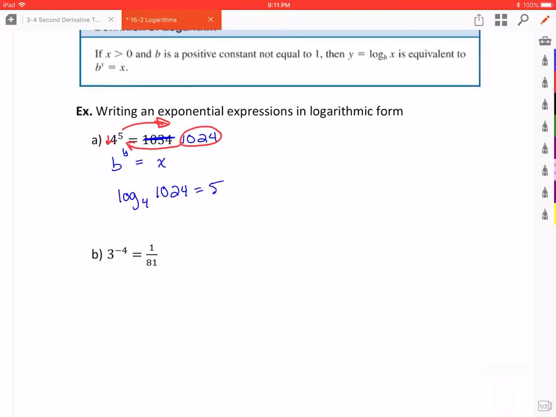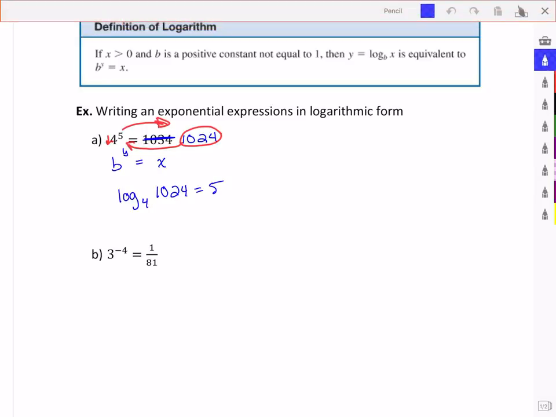Okay, I'm going to do another one. I've got 3 to the negative 4 is equal to 1 over 81. Probably the first thing I would do is rewrite that fraction as 81 to the negative 1 power. You know what? No, I wouldn't. We don't even have to do that. We're wanting to write this in log form.